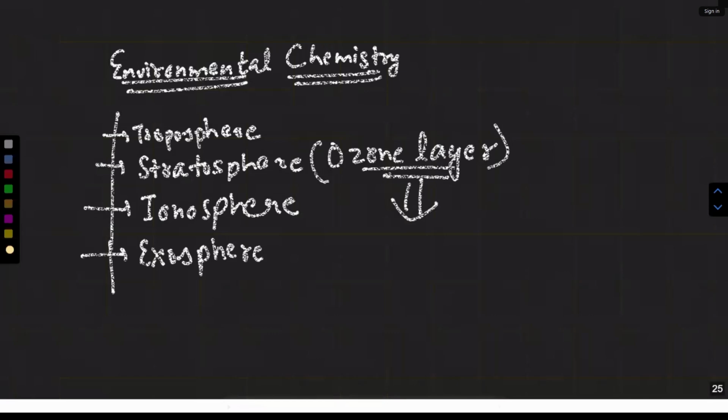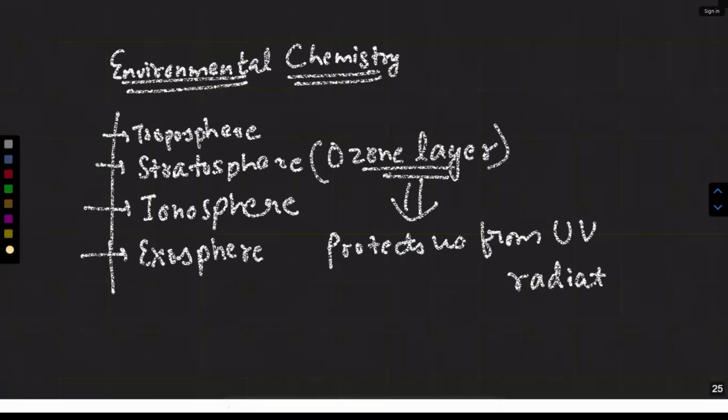This ozone layer protects us from UV radiation. Whatever pollution is done by humans, it comes into the troposphere, be it due to SO2, H2O, be it due to CFCs. All of the pollution comes into the atmosphere layers. So this is about the basic composition of the atmosphere.